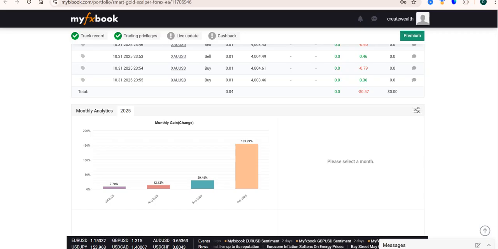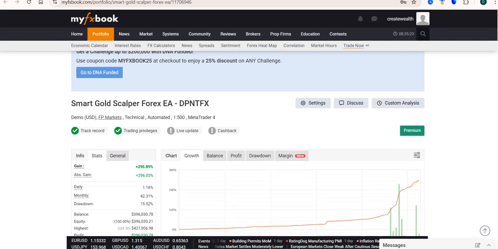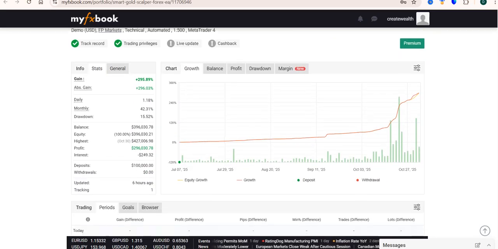So you can see as soon as the market started trending, whether up or down, we saw a significant change in the result. From 7.70 to 12, then 29, and then 153.29. So this is all about the statistics, and results may differ from broker to broker and from account to account.